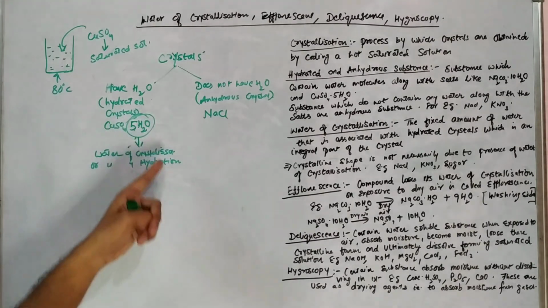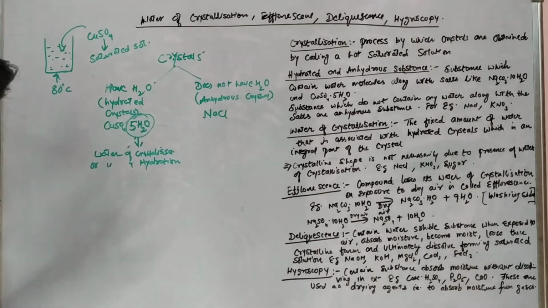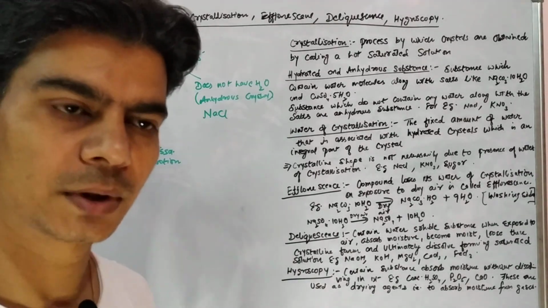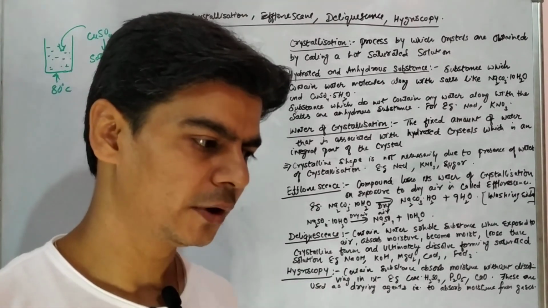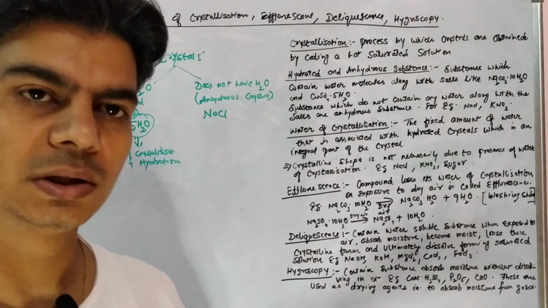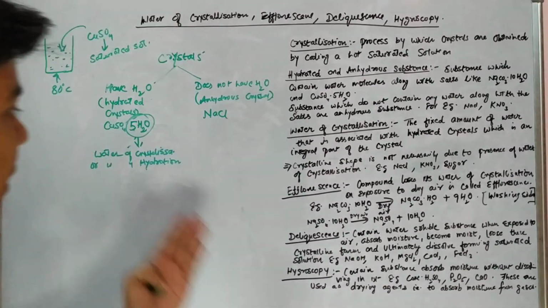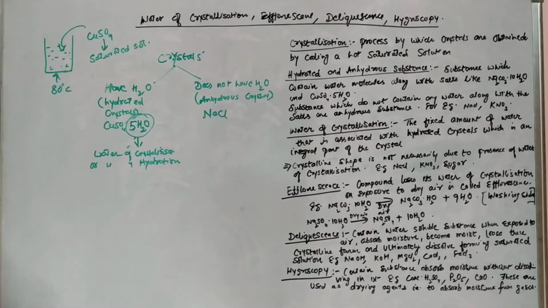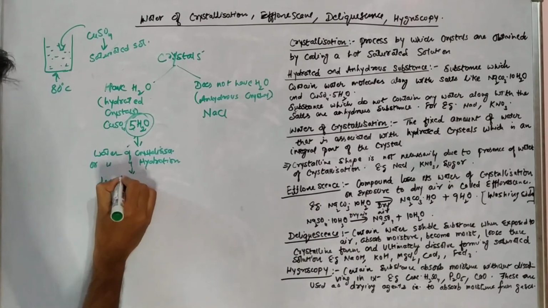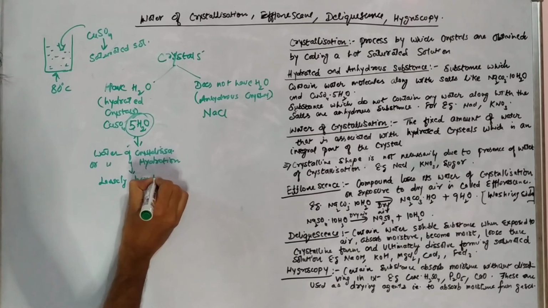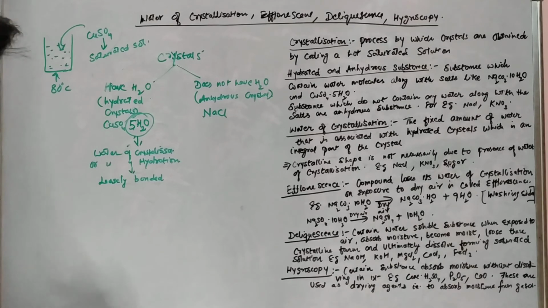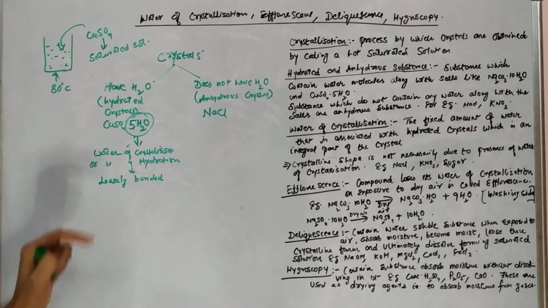These water molecules are loosely bonded to the crystals of copper sulfate. By loosely bonded we mean that if we heat it to a temperature of 100 degrees Celsius, these water molecules will get removed from the crystals of copper sulfate. So I'll also write it here: they are loosely bonded. So how do we define water of crystallization?